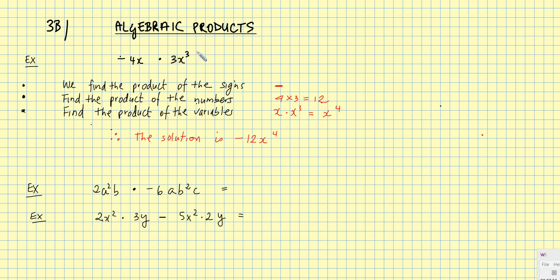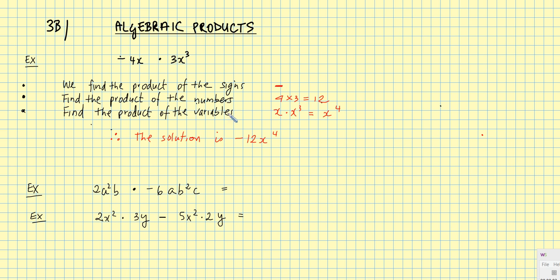The product of the numbers will be 4 times 3, which will give me 12. I see that the first term has a negative on it, the second term does not, so that means that a negative times a positive will give me a negative.